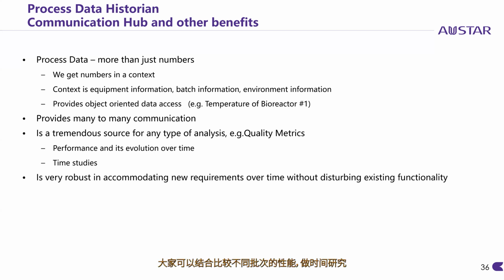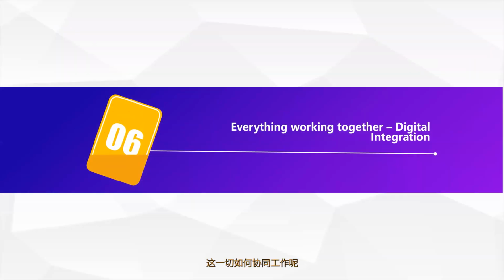Also, what is very helpful, because we are typically evolving and improving our plants continuously, the process data historian is very robust in taking in new requirements and accommodating them without disturbing the things you already have in there, which is very important for a stable production. So now, how does this all work together?